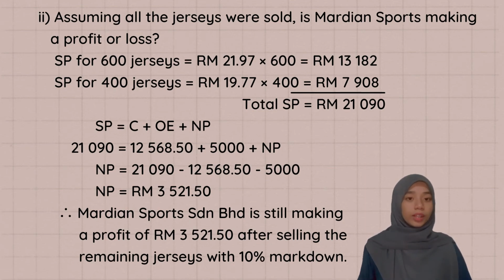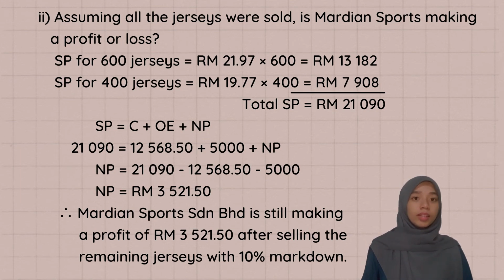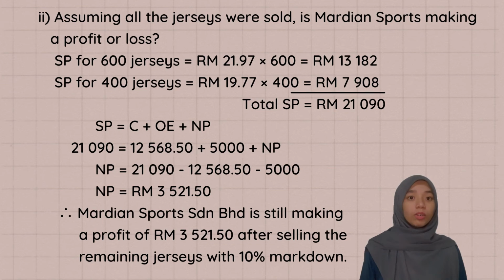So the net profit we can get from 21,090 minus 12,568.50 minus 5,000. So we will get the net profit is 3,521 ringgit and 50 cent.